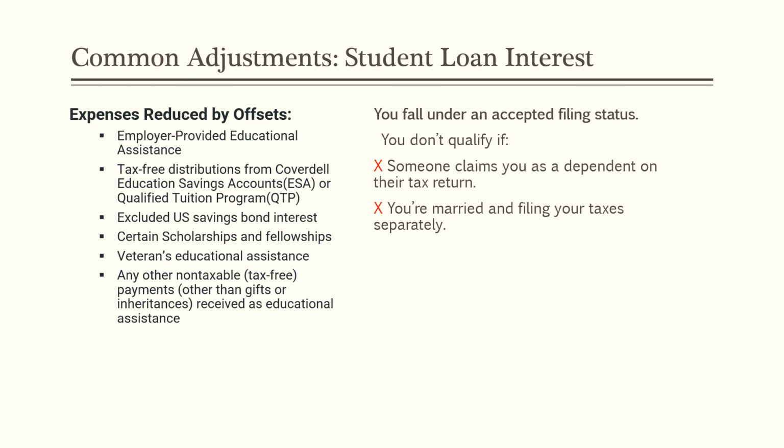Also, expenses are reduced by offsets, like employer-provided educational assistance, tax-free distributions from a Coverdell education savings account or qualified tuition program, excluded U.S. savings bond interest, or certain scholarships and fellowships, veteran education assistance, or any other non-taxable payment, other than a gift or inheritance, received as educational assistance.